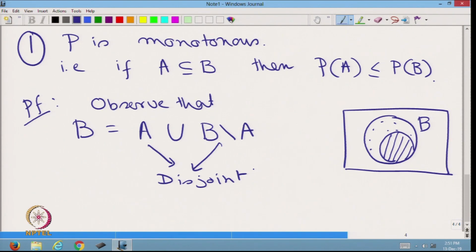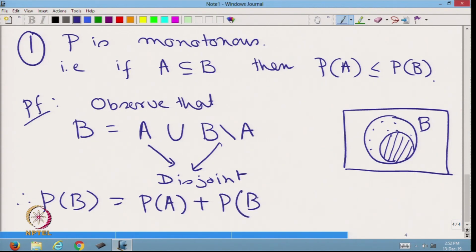That is very clear from the Venn diagram. Therefore, probability of B, since these are disjoint, we can write it as probability of A plus probability of B minus A. This is the set difference.